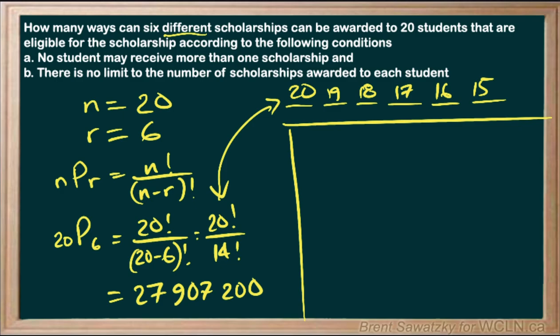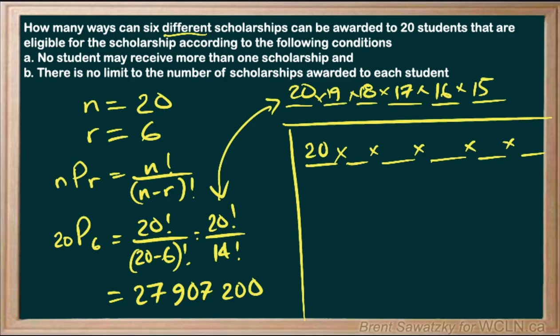With part B, it's one of those questions where, with repeats allowed, we should probably go back to our fundamental counting principle. And we can put times in here. In this case, we have 20 students to choose from.